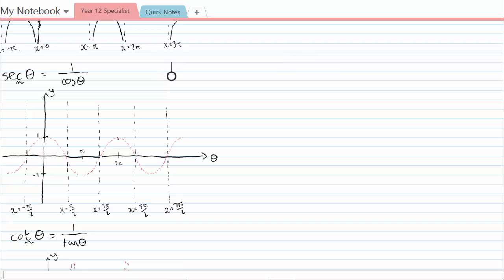And then, well, it's going to have that same shape, so again, always approaching the asymptotes, but never reaching them.